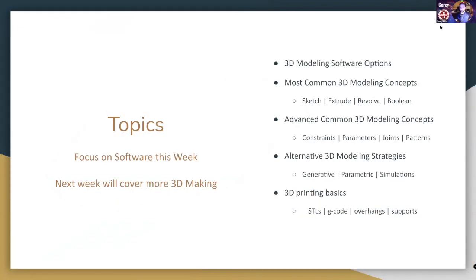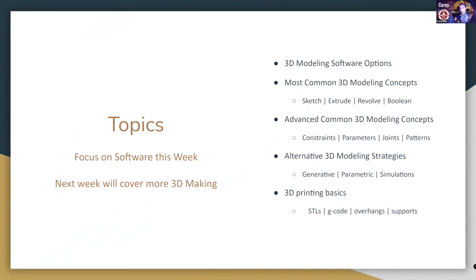So this week, we're going to really focus on some 3D modeling software options. There's a very large net that can collect. It's not like the handful for vector design. Then we're going to go through some really common 3D modeling concepts, the bread and butter items, the things that absolutely should be in your tool set no matter what software you're using.